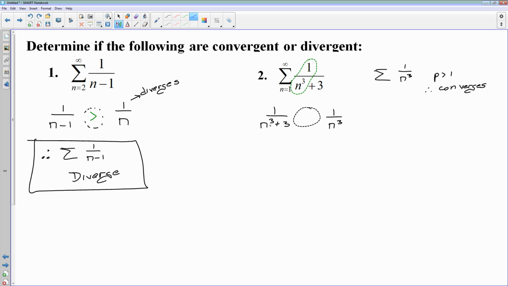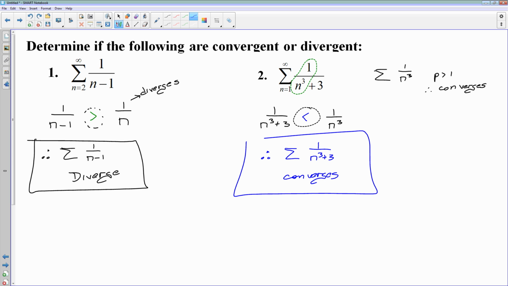If you have a bigger denominator, then the overall fraction is less than the other. So 1 over n cubed plus 3 would be less than 1 over n cubed. And since I am less than a known convergent series, and being less than a known convergent series is good, therefore, I know that the series 1 over n cubed plus 3 also converges.